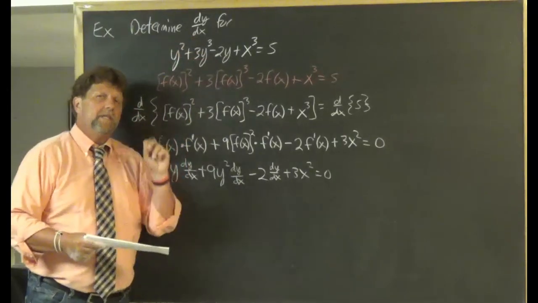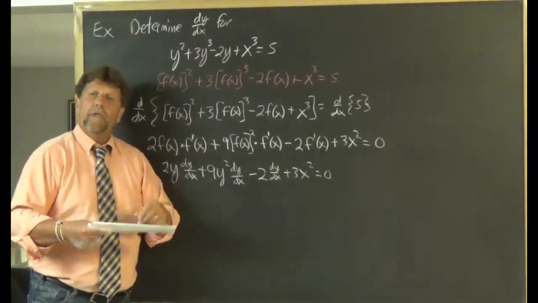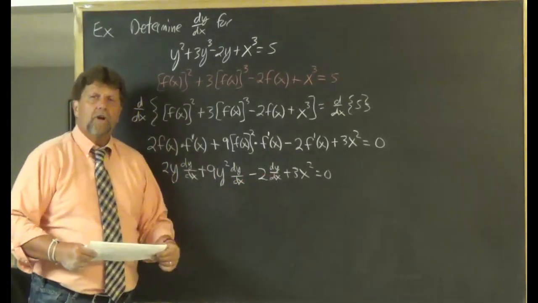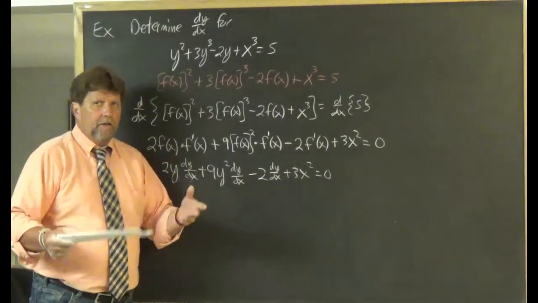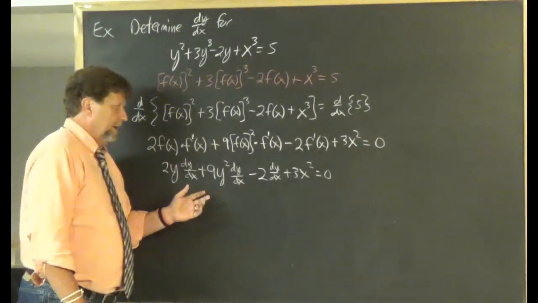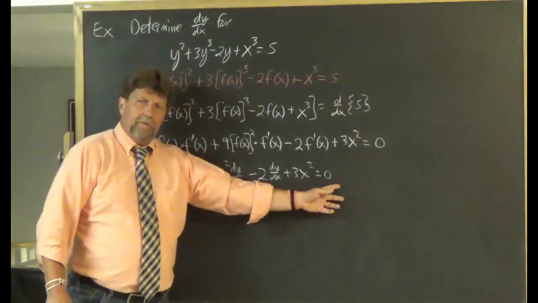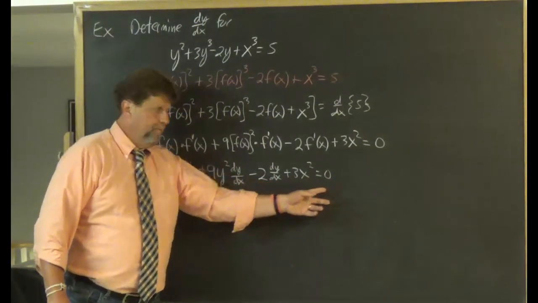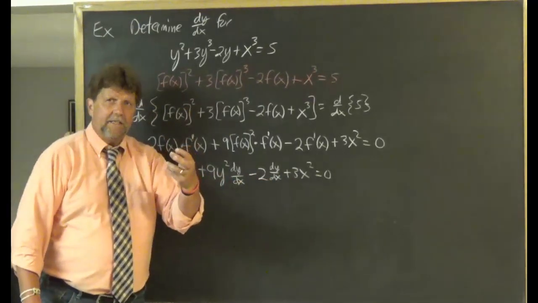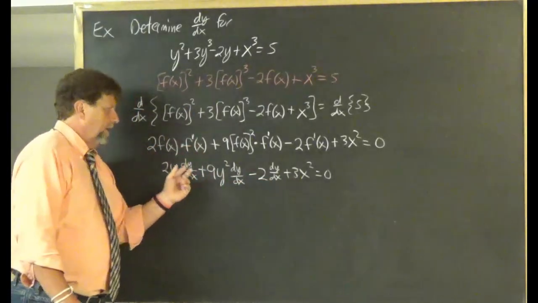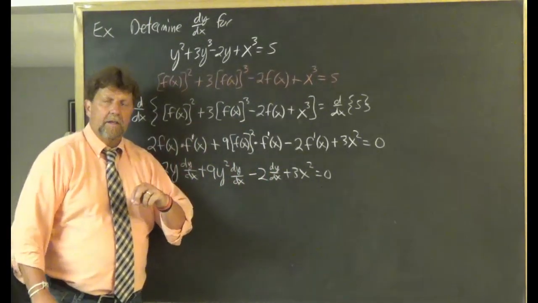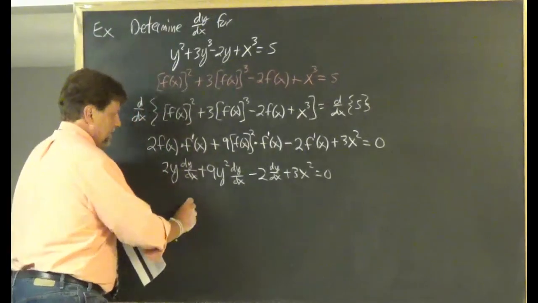To determine dy/dx, we have to end up with dy/dx equals. So we have to take this equation and solve it for dy/dx. So here's what I would do. I'm going to do two steps at once. First, I'm going to subtract 3x squared from both sides of the equation. Then that will leave me with these three terms that have a dy/dx in it, so I can factor out the dy/dx.